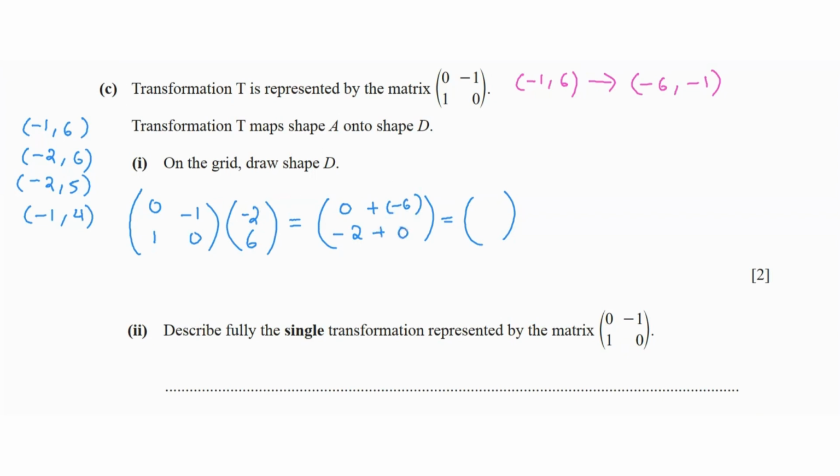If you're noticing, we're doing row times column, and then the second row times the column. So that's negative 6 and negative 2. So let's write that down. Negative 2 and 6 is transformed into negative 6 and negative 2. We're swapping the x and y values, and then making x negative.